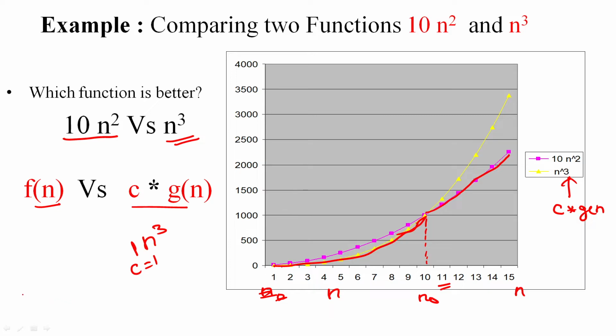Substituting n equal to 10, f of n is 10 into 10 square, equal to 1000. Likewise, substituting 10 in n cube also gives 1000. So at the point n0 equal to 10, both are equal: f of n equals c into g of n. But when you substitute 11, c into g of n is greater than f of n, which satisfies the big O notation.